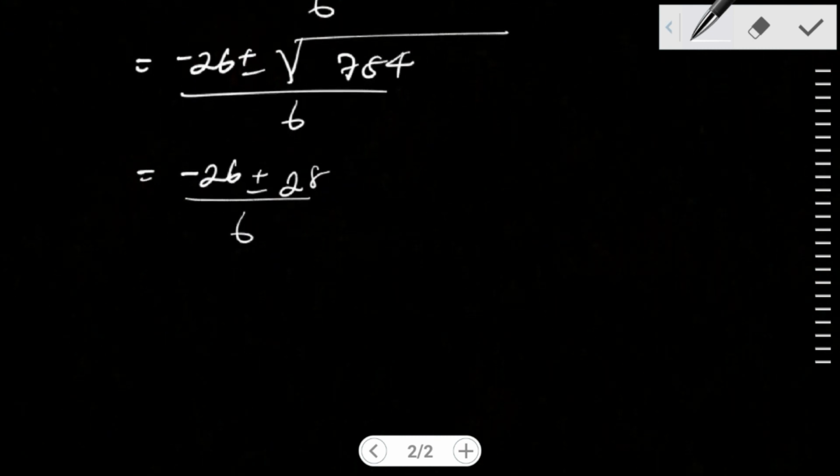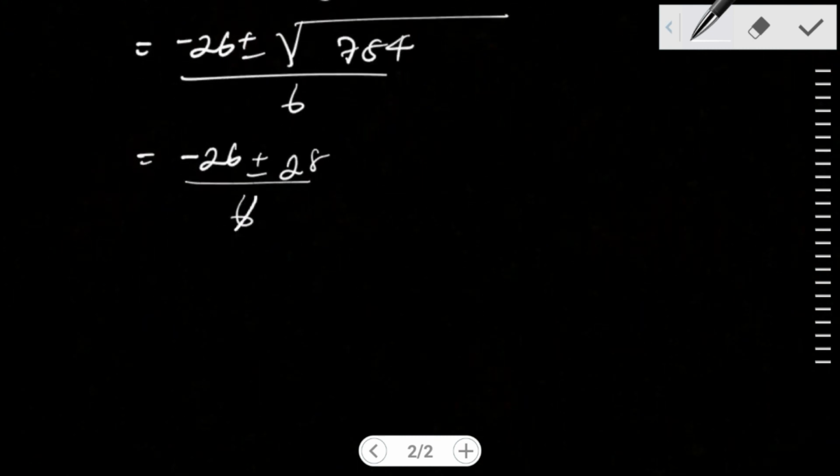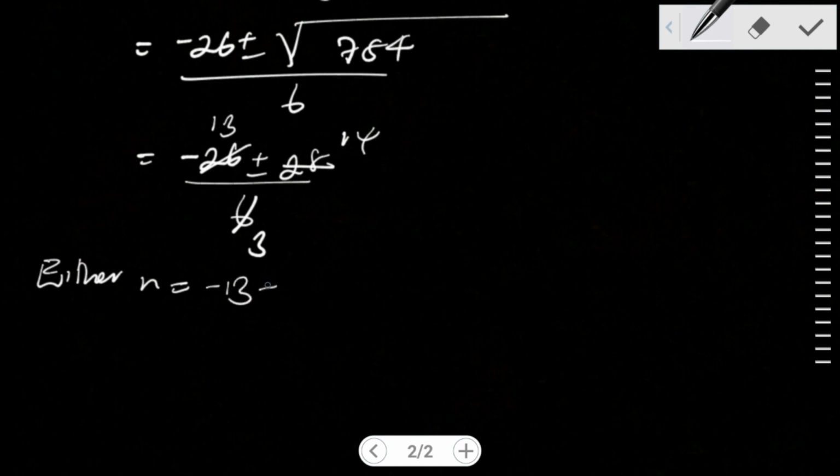And so the next thing here, by 2 I'm going to have 3, by 2 this is 14, and by 2 we're going to have 13. Therefore either n is equal to negative 13 plus 14 all over 3, of which I'm going to have 1 over 3 as the value of n.